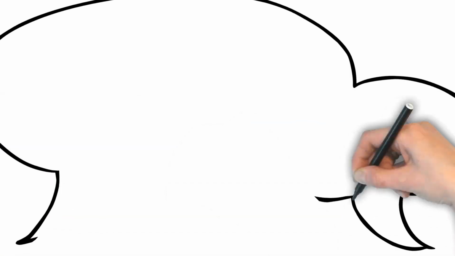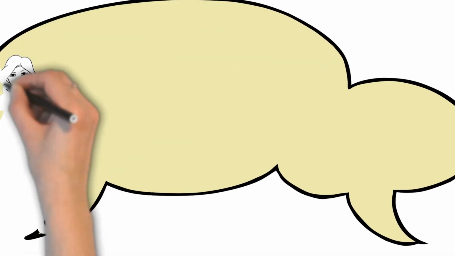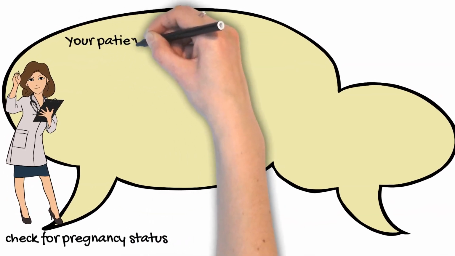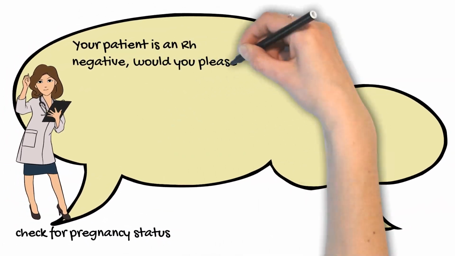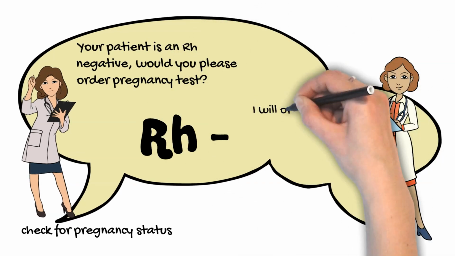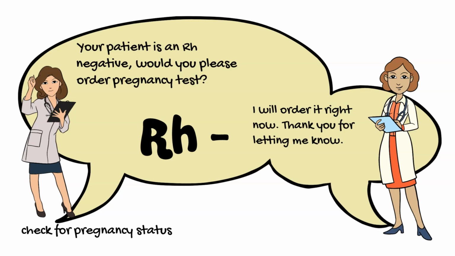If it is determined that the patient is an Rh-negative person, CLS will check the pregnancy status. If the physician did not order a pregnancy test, CLS will ask the physician to order one. This will help determine whether the patient needs the RhIG or not.